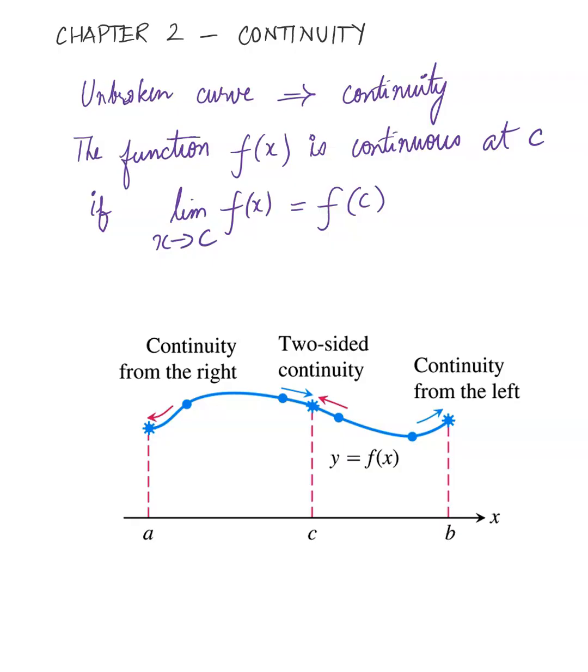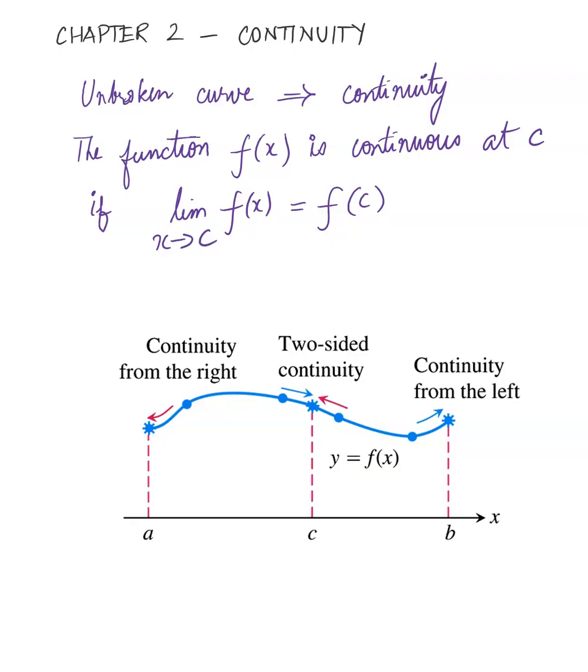So if you check the continuity at A, you can see that you can approach this limit from the right, but you don't have something from the left. And so that's the end. And likewise at B, you can approach the limit from the left, but not from the right. But if you look at C, then you can approach the same limiting value from the left and from the right.